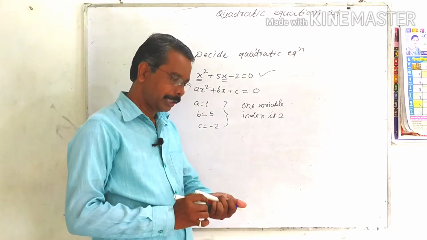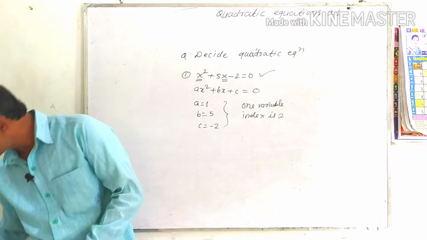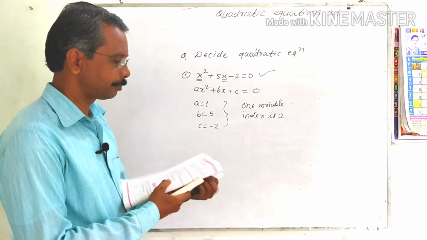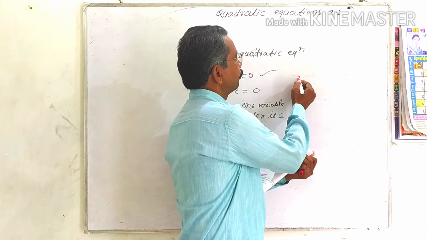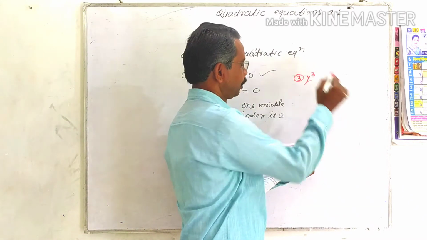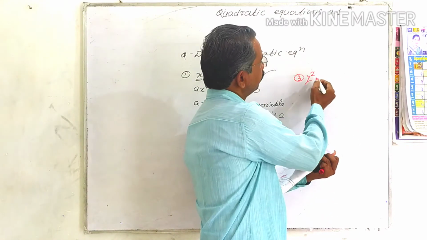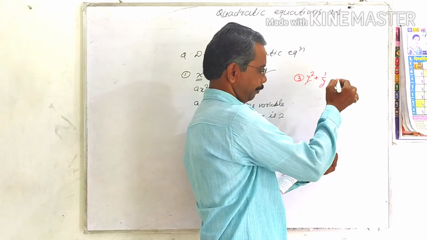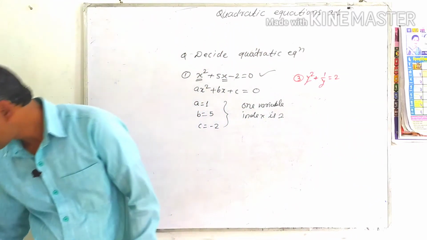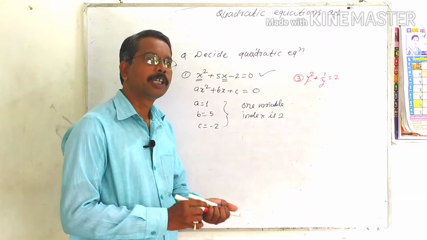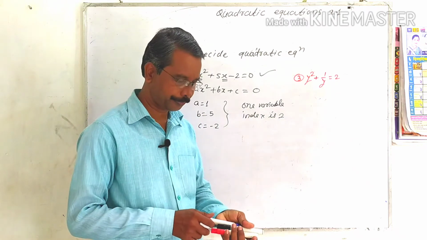Okay. Let us see another example. y square plus 1 upon y equal to 2. The question is the same, whether it is quadratic equation or not.